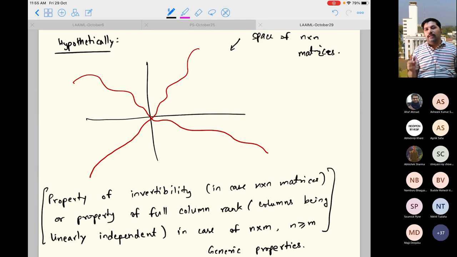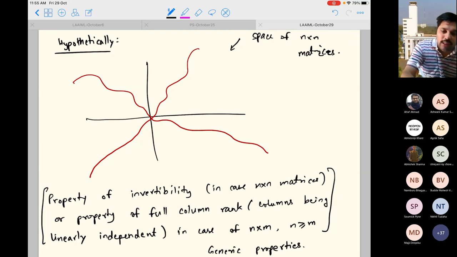So this set, which is like the union of two red lines here, the red curves that I have drawn, is of measure 0, right? So if you choose a point randomly from the plane, it is highly unlikely that the point will lie on one of these two curves. So that is what is really going to happen.